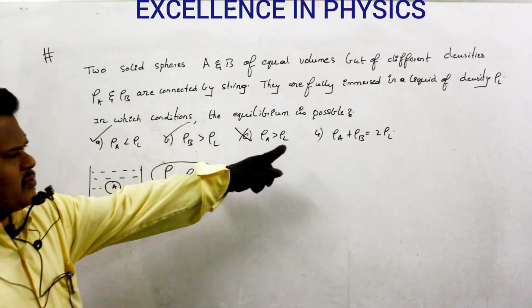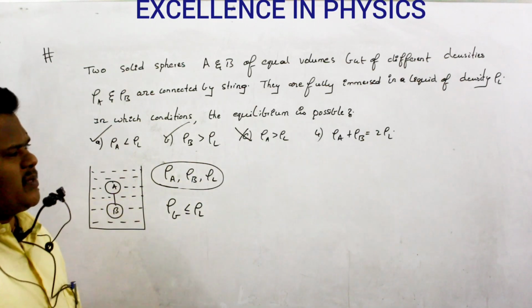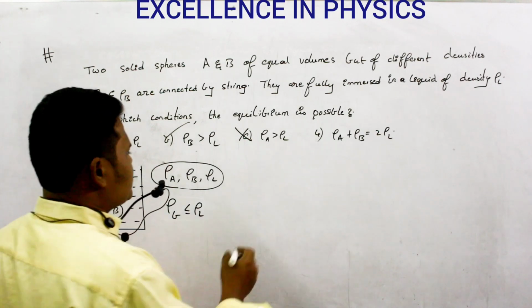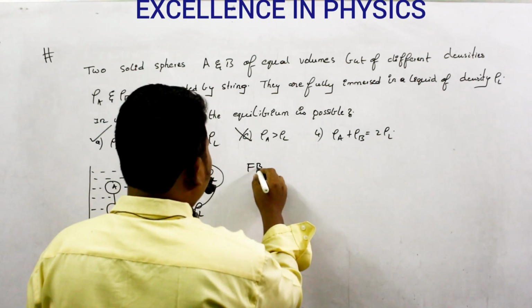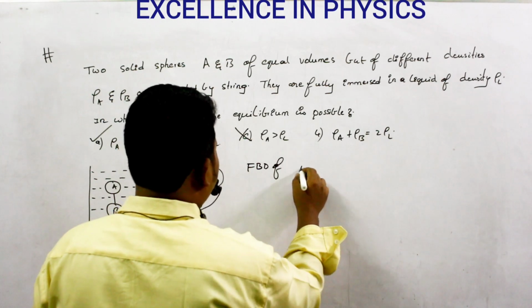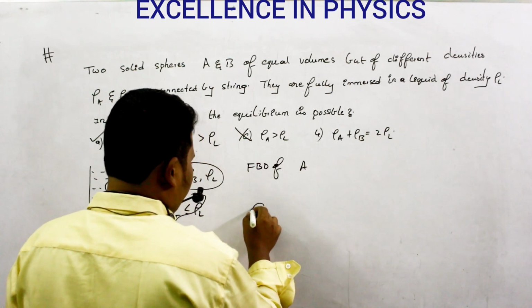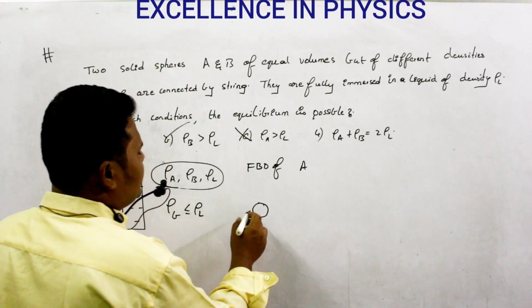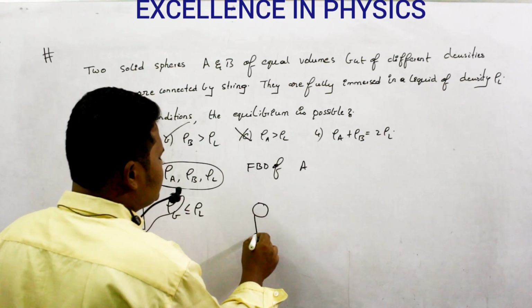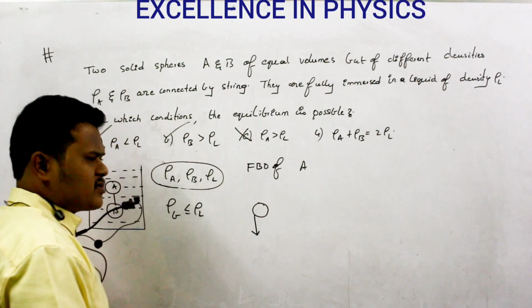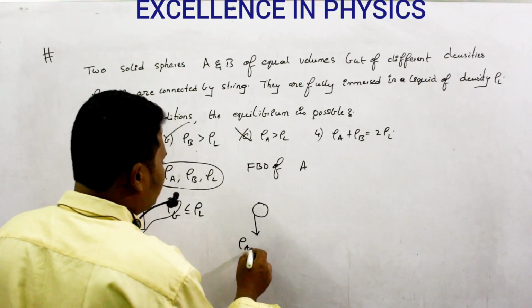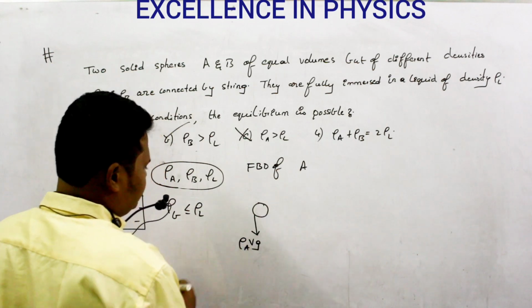Now let us try to prove whether this fourth statement is correct or not. For this we have to draw the free body diagrams. Let us draw the free body diagram of A. How many forces are acting on it? Its weight acts downwards, which can be written as rho Vg, where the density of this body is rho A, the volume is V, and g.